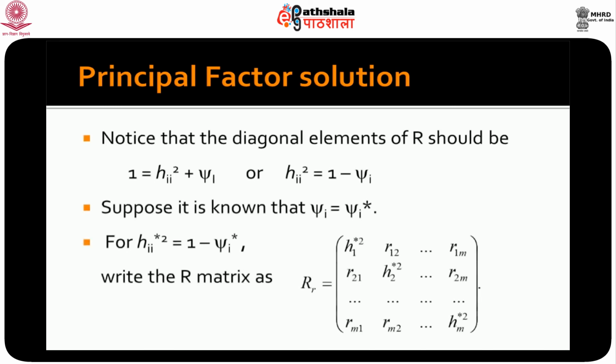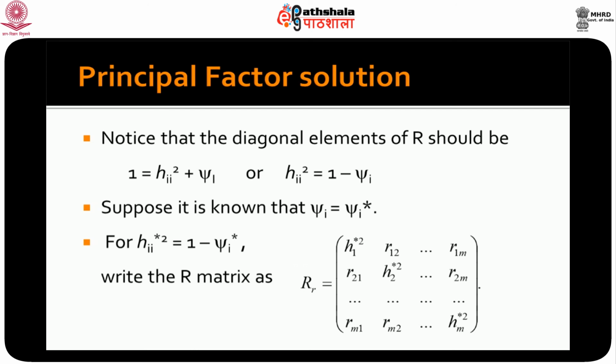A modified approach to this method is referred to as a principal factor solution, where we start with the factor model again and where we actually correct the diagonal elements. So instead of taking R with the diagonal elements 1 as we did before, we presume some h i square values. h i square, remember, are the communalities.